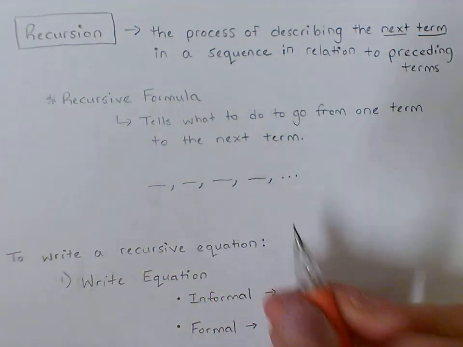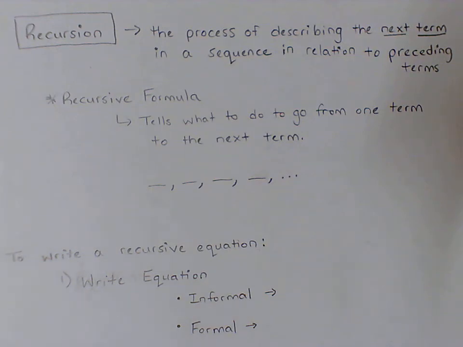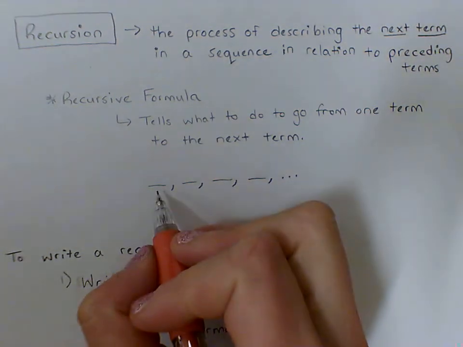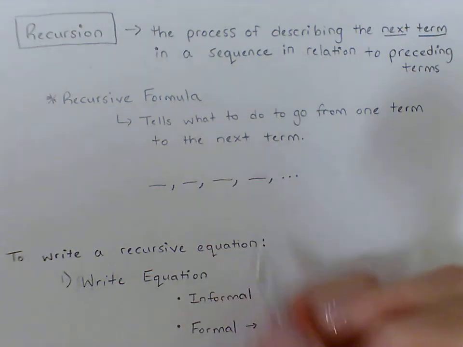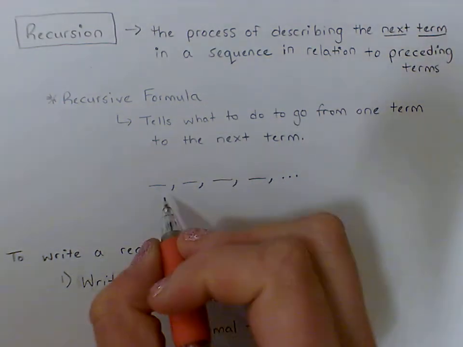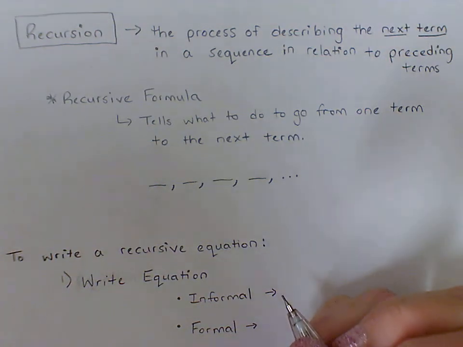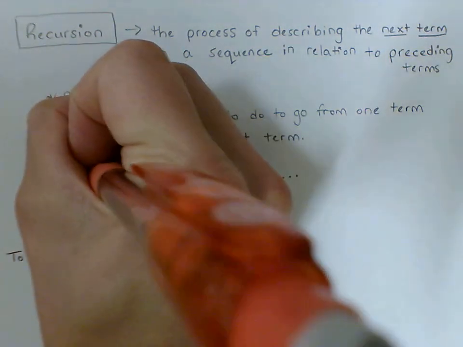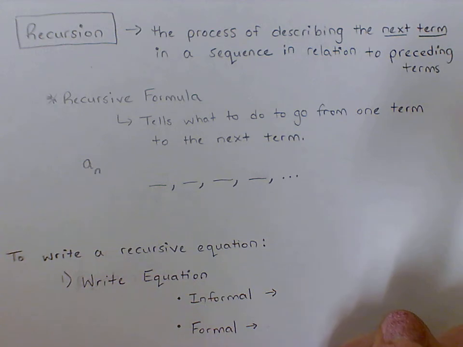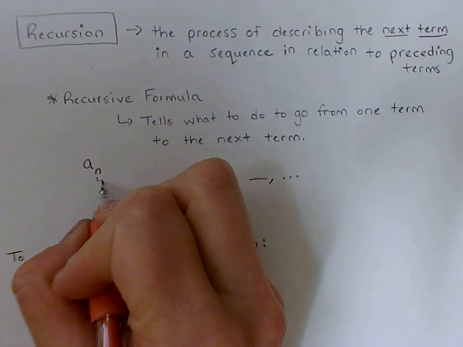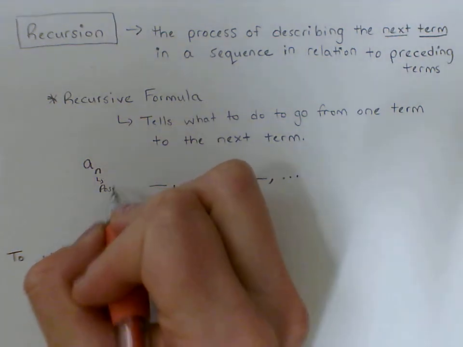So just some reminders of the notation. Let's say that you have a sequence. I didn't actually put numbers, but you're looking at your sequence. Remember that A with the little subscript of an n represents a term in your sequence, and n is going to be the position of the term.